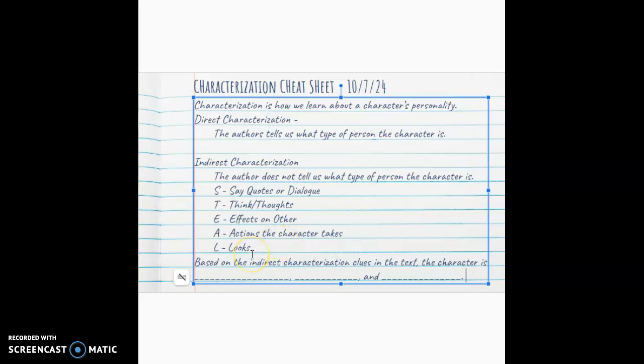And what does he look like? Based on all this information, what kind of person is Saul? Is he honest? Is he trustworthy? Is he a liar? Give me 3 words that describe his personality.